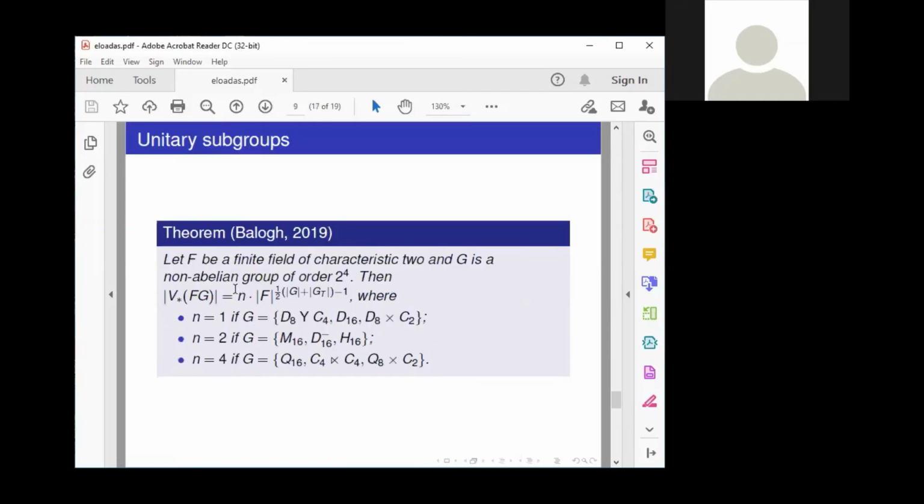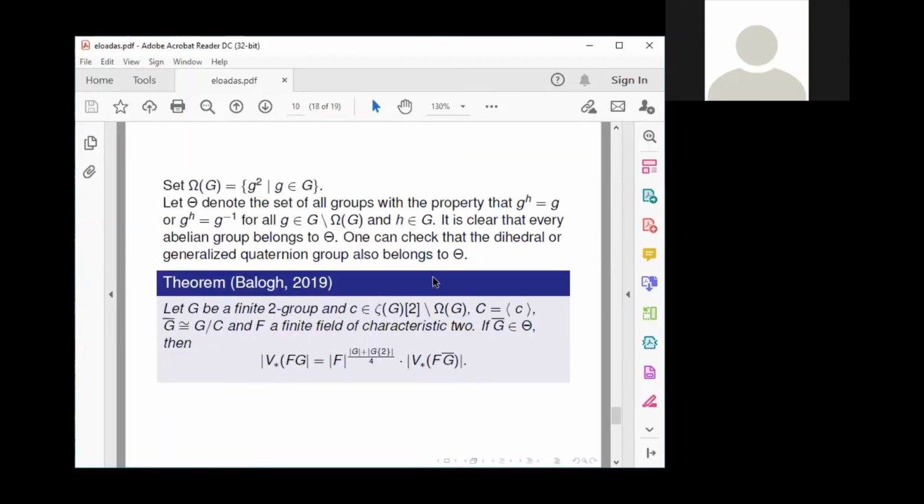If G is a non-abelian group of order 2 to the power 4, this n can be computed using a computer. We found n equals 1 for these 3 groups, n equals 2 for these next 3 groups, and n equals 4 for the quaternion group, for this semi-direct product and for this direct product.